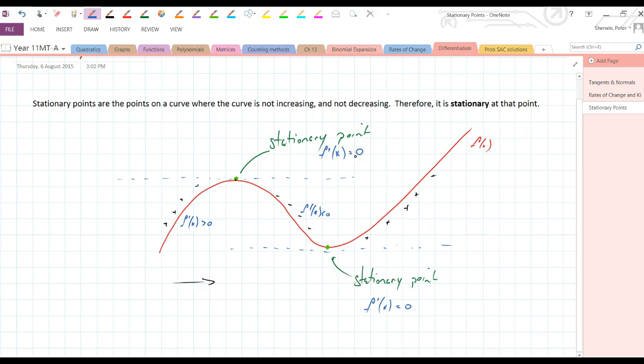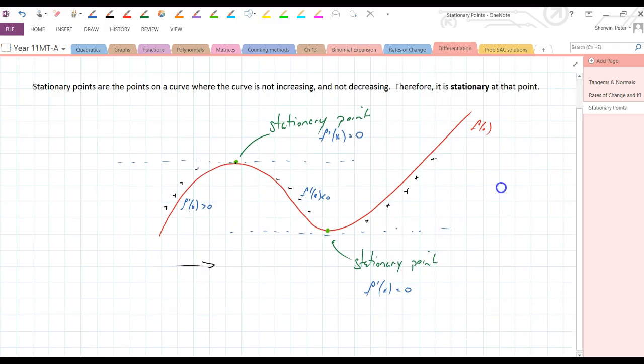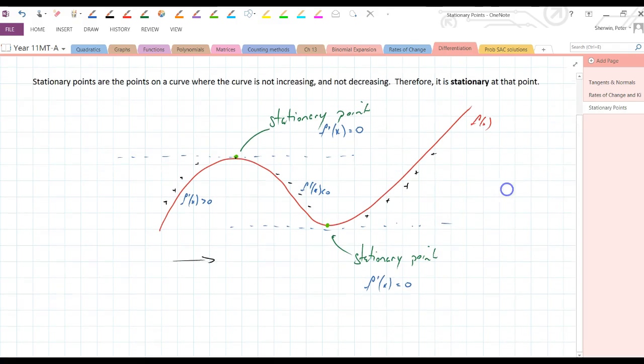We find the derivative function, the gradient function, make it equal to 0, and find out what x is at that point. So take this note down, also this neat little diagram, and then you'll be right to go. I'm going to get a couple of examples going, so I'll just pause while we write that out.